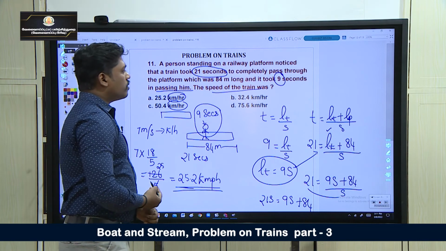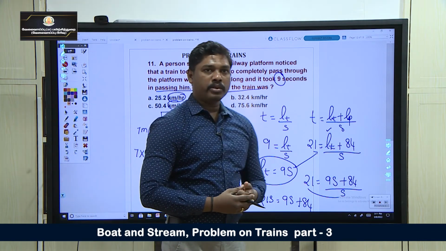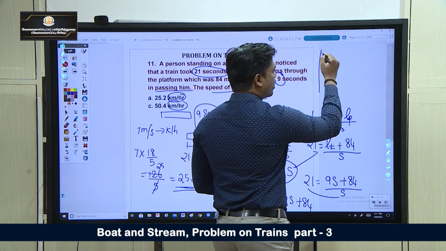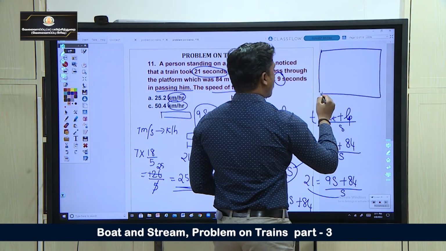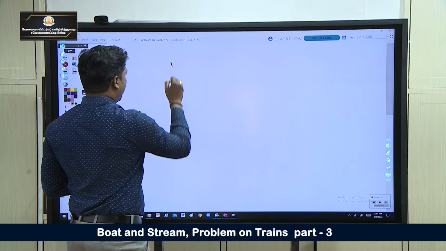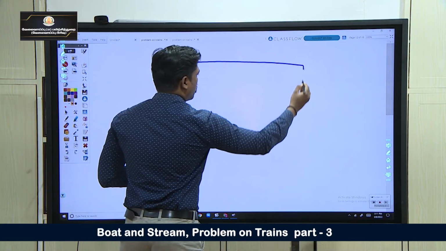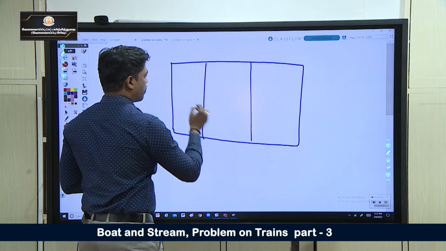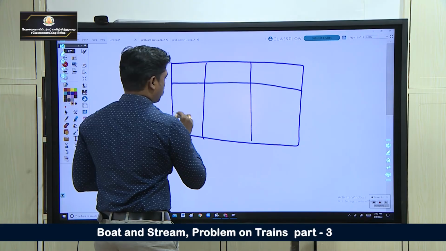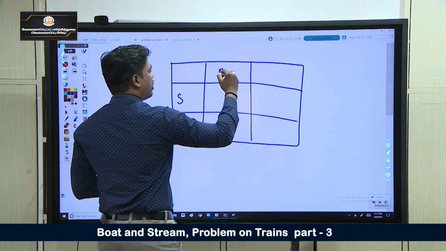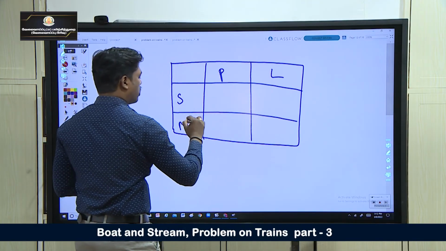So that is it for problems on trains. We had a total of 4 formulas. For problems on trains, we had these 4 formulas: stationary point, stationary length, moving point, moving length.